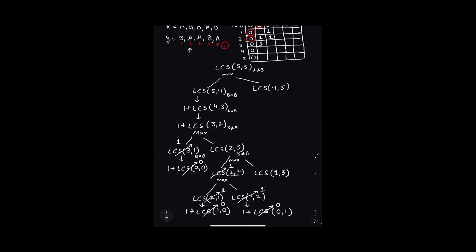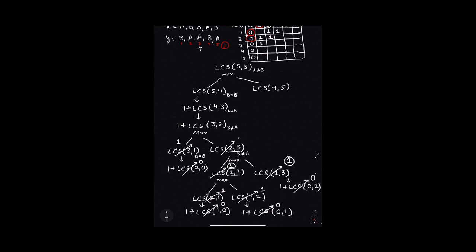Similarly, I have to find the value of LCS of 1, comma 3. Over here you can see that A matches with A, so this becomes 1 plus LCS of 0, comma 2. The value of 0, comma 2 is 0 over here. I'm going to put a value of 0 over here. So the value of 1, comma 3 becomes 1 plus 0, which is 1. Now to find the value of 2, comma 3, it will be a maximum value from 1 and 1.